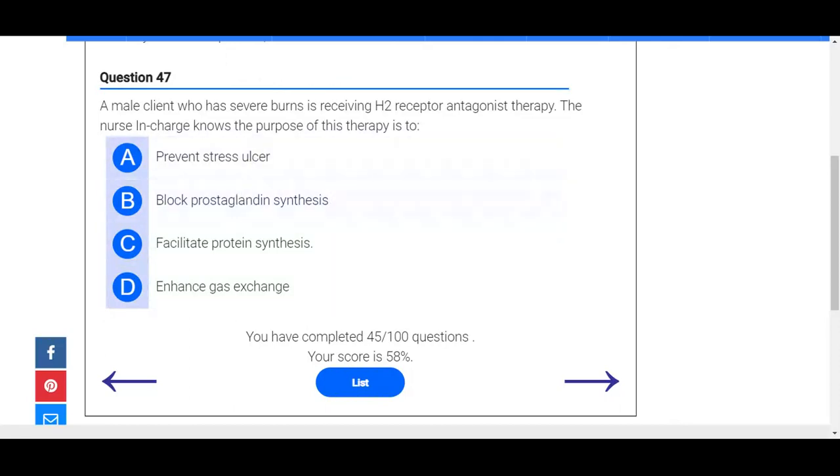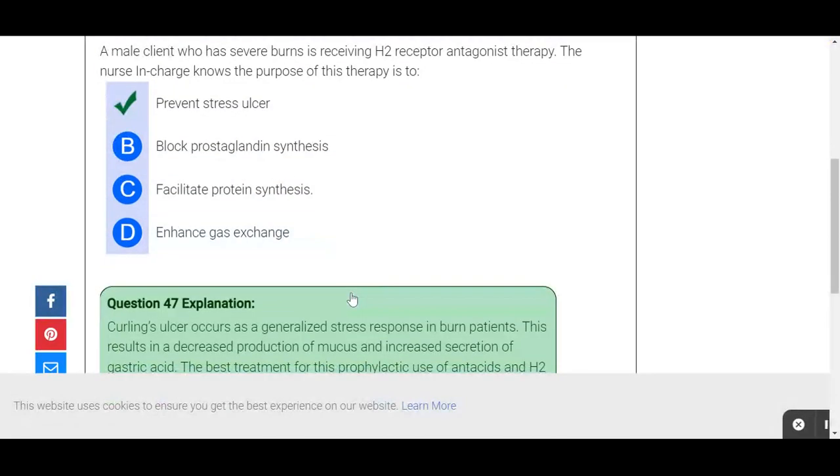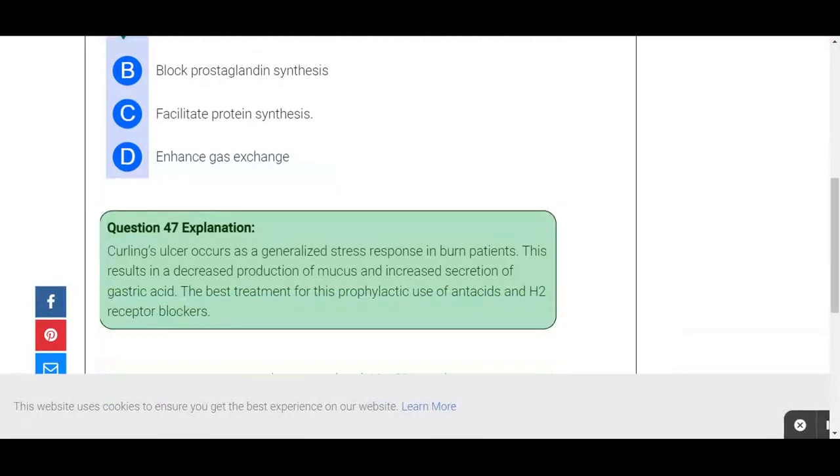What it does is that it blocks. Let's just try this. Prevents stress ulcer. I used to have gastritis, so this is very related to ulcer.